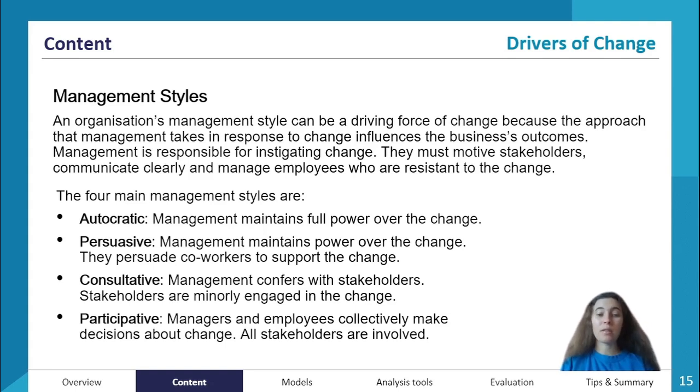Consultative is where we've got management working with stakeholders. So stakeholders are somewhat engaged in the change. They get a voice in the change, but ultimately it's still going to be the management that makes the decision.